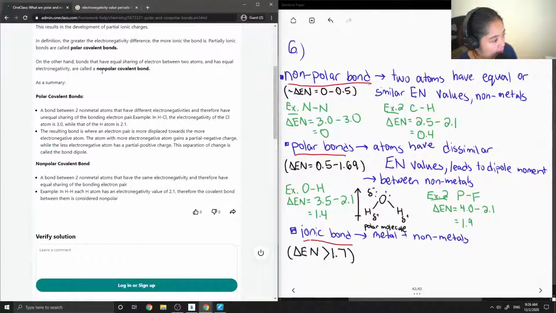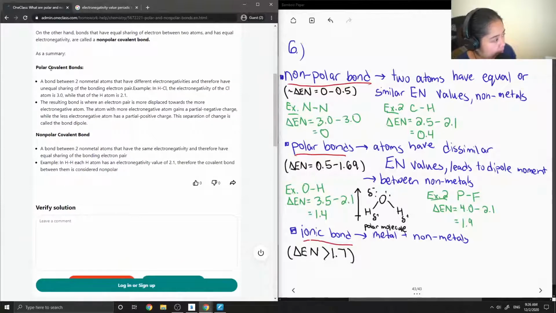On the other hand, having an equal share of electrons between two atoms with equal electronegativity are called nonpolar covalent bonds. Okay, so they have a summary. Polar covalent bonds are between two nonmetals that have different electronegativities and therefore have unequal sharing of the bonding electron pair.